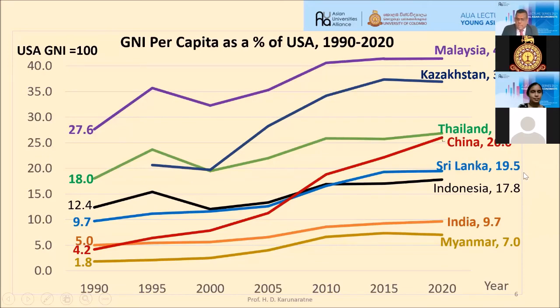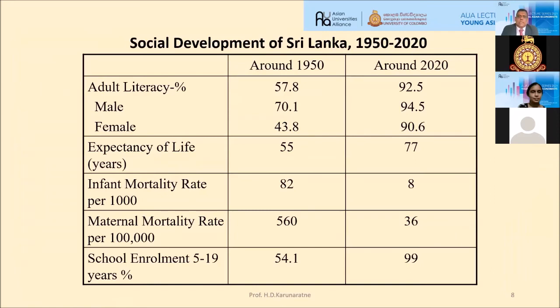Now the issue is, on the other hand, Sri Lanka always recorded a higher social development level. So even in development economics, people believe that Sri Lanka is a different country. Why? Because our human development and social development has been higher than our economic growth.